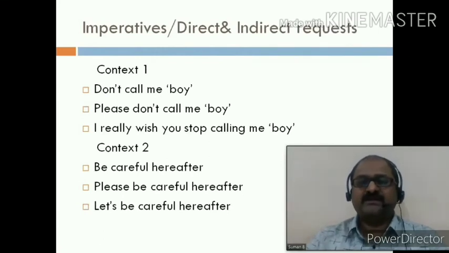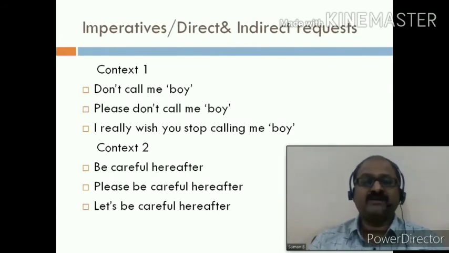Next, let us look at some contexts to understand where we can be direct and where we can be indirect. Most of the time when we ask people to do something, we use imperatives. But we cannot use imperatives all the time. Using imperatives directly can sound rude.